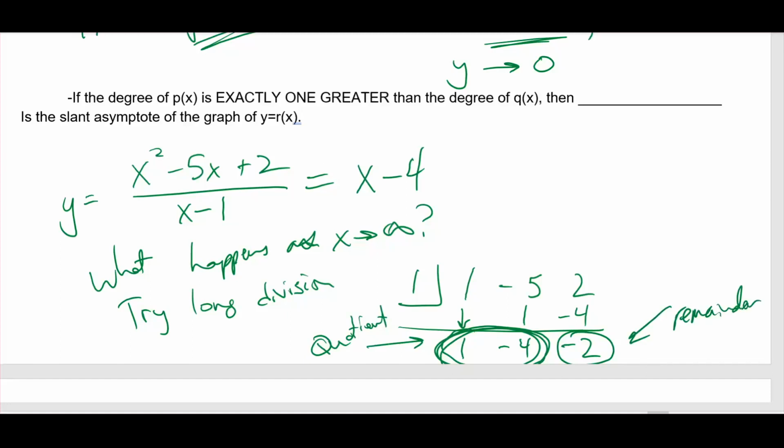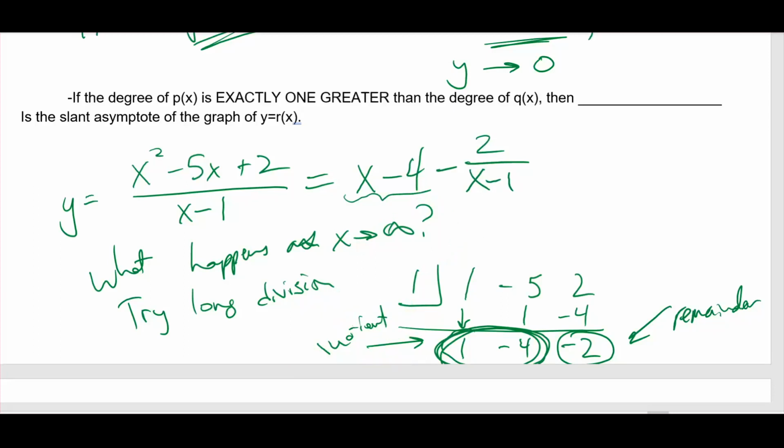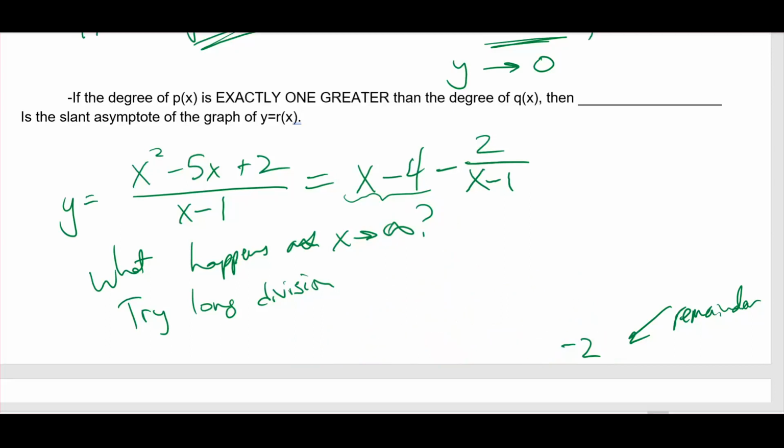So we would have x minus 4, and then plus our remainder, so we would have minus 2 over what we divided by. So our quotient is right there. So now, when we're asking what is going on as x goes toward infinity, well, what we've just shown is that our original rational function can be written like this.